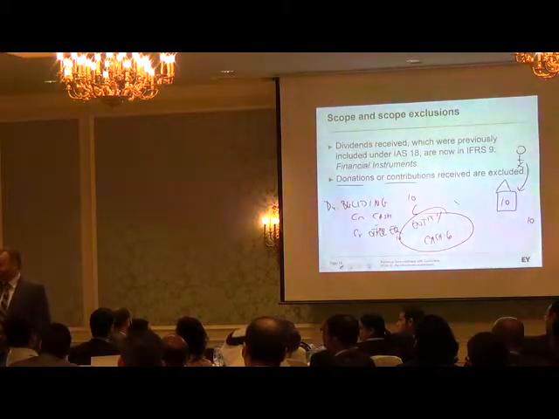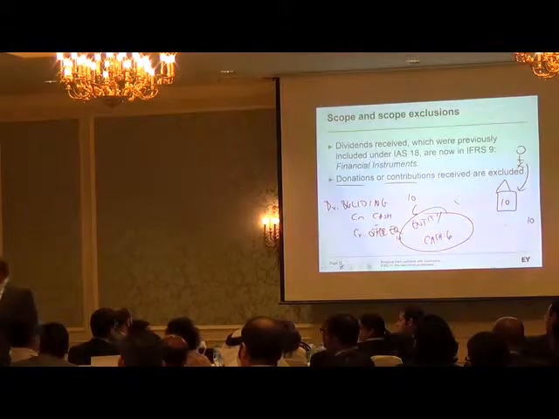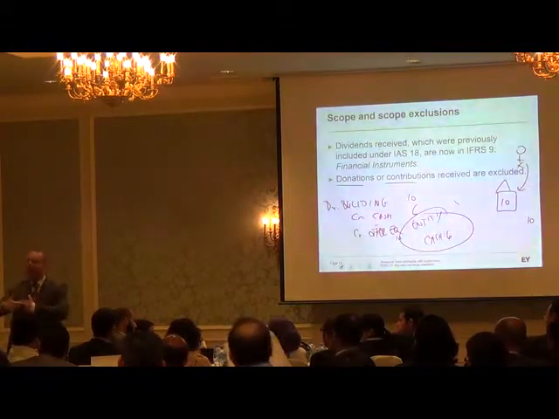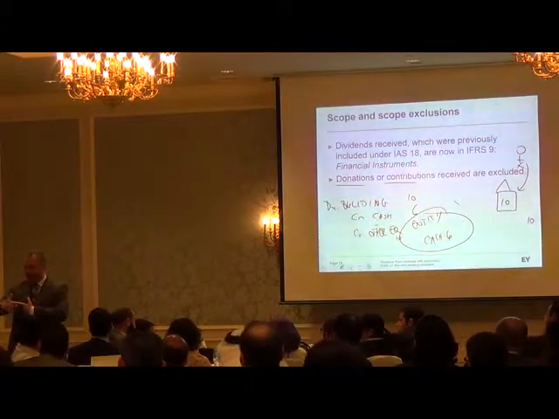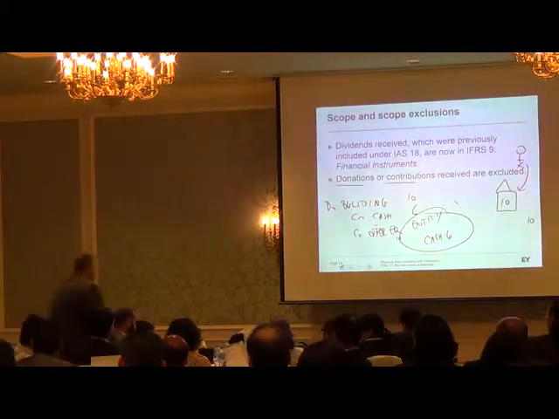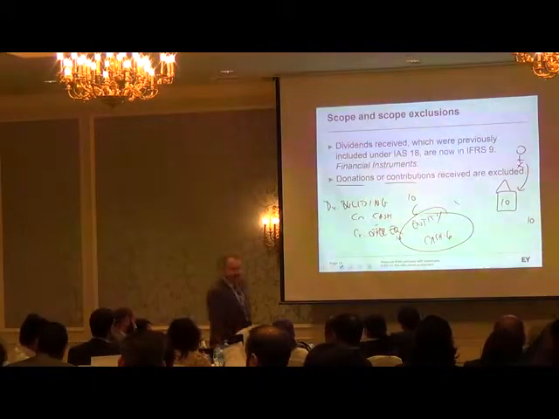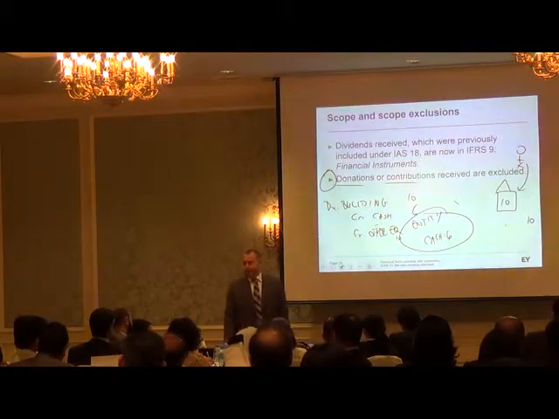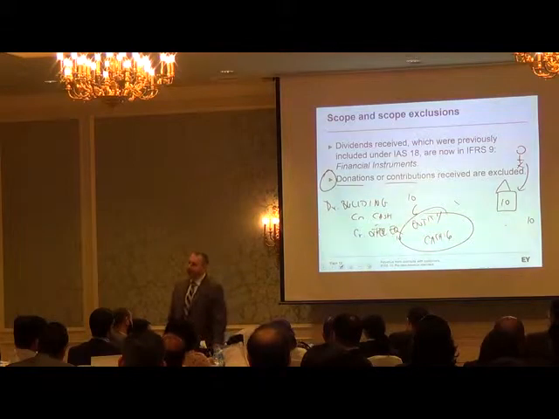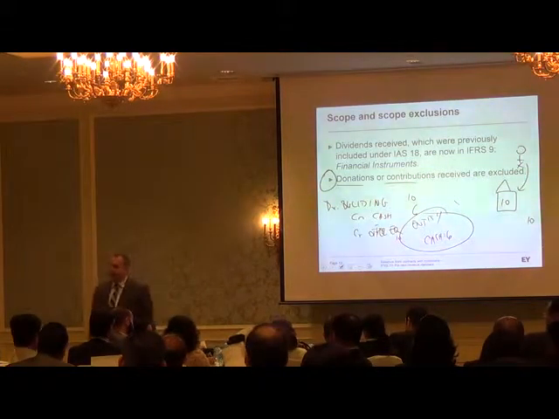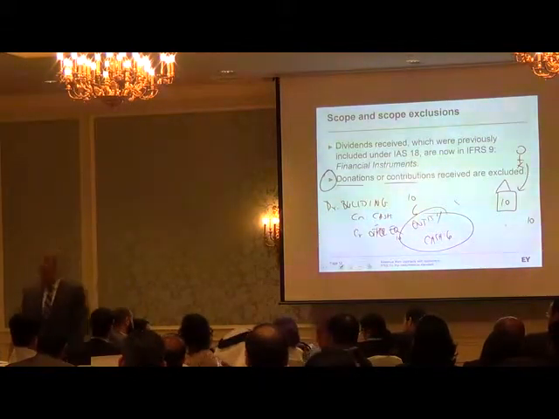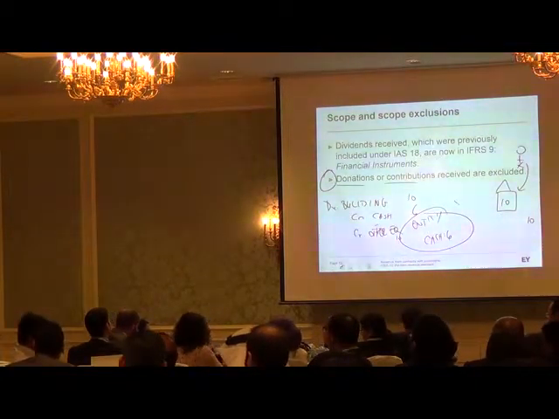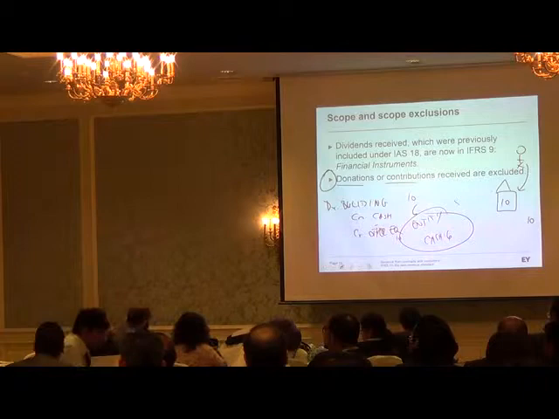In the capacity of the owner. And in this situation, the deal was not in the capacity of the owner. So, why did I tell you all this? Because this rule remains. And actually, it became a lot more clear that if you make a deal with your owner in the capacity of the owner, that's not going to be in the scope of IFRS 15.